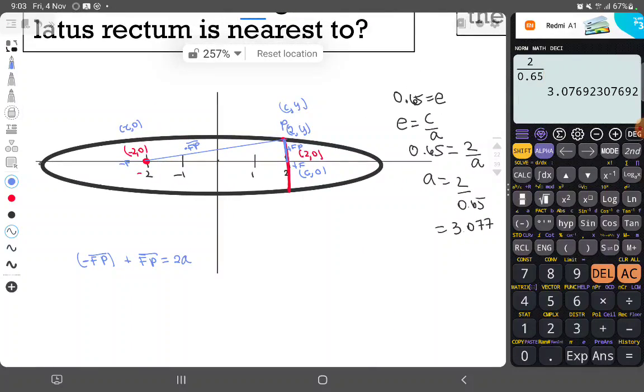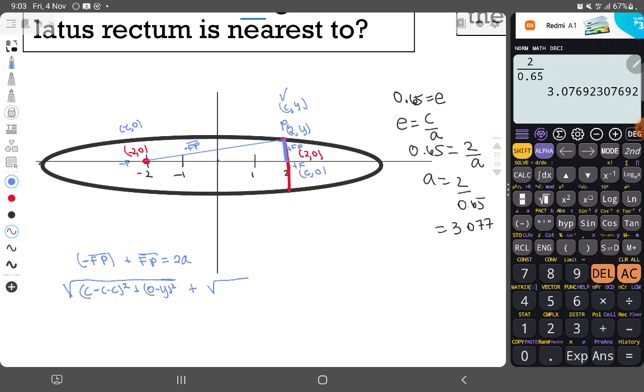So our FP is of course equal to the square root of C plus C, so minus negative C, square plus 0 minus Y square, plus my FP prime is just equal to the square root of the distance.